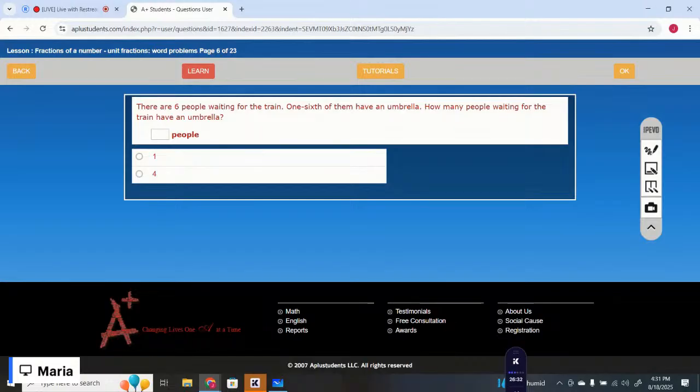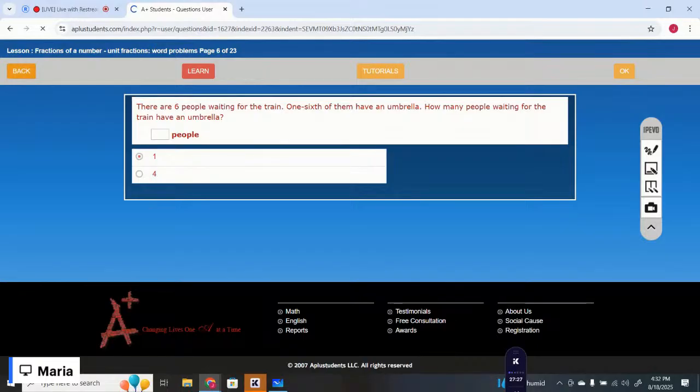How many people waiting for the train have an umbrella? That is one. Option number one is the correct option.